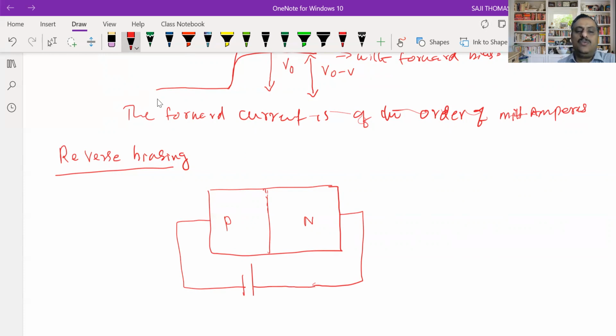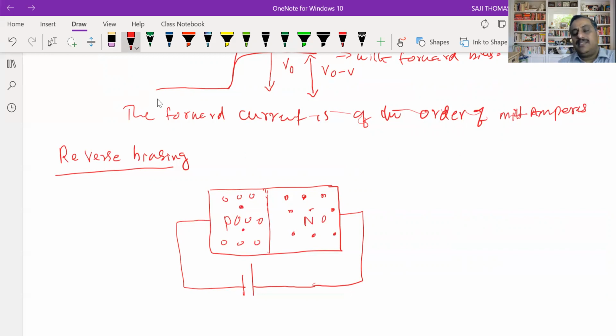And you know, the P section holds holes as majority carriers, and the N section holds electrons. And a few holes will be there in the N section, minority carriers. Here in the P section, a few electrons.